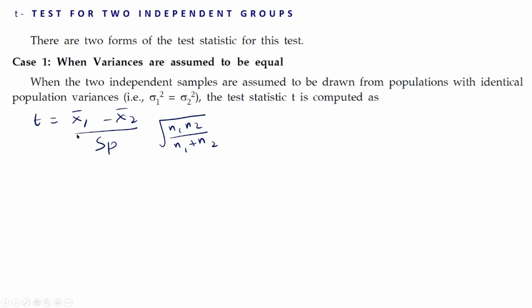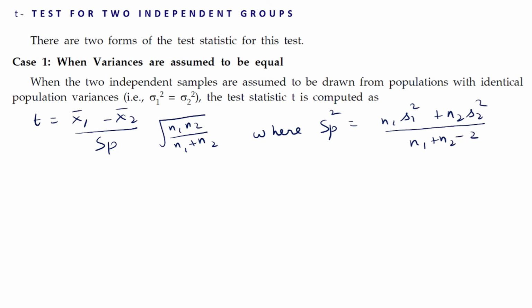Here x1 bar is the sample mean of the first sample and x2 bar is the mean of the second sample. N1 is the first group's sample size and N2 is the second group's sample size. Here Sp is called the pooled standard deviation, where Sp square, which is the pooled variance, is given by N1 S1 square plus N2 S2 square upon N1 plus N2 minus 2.